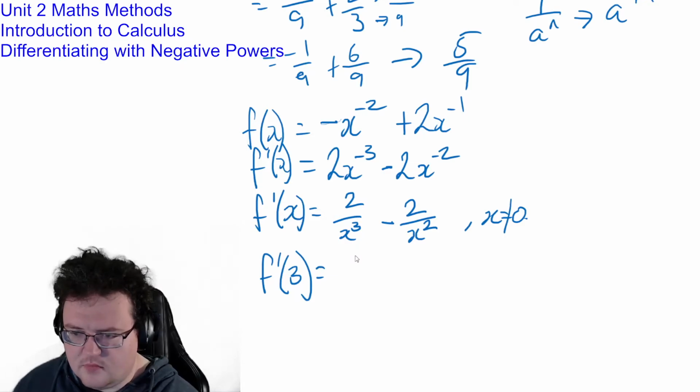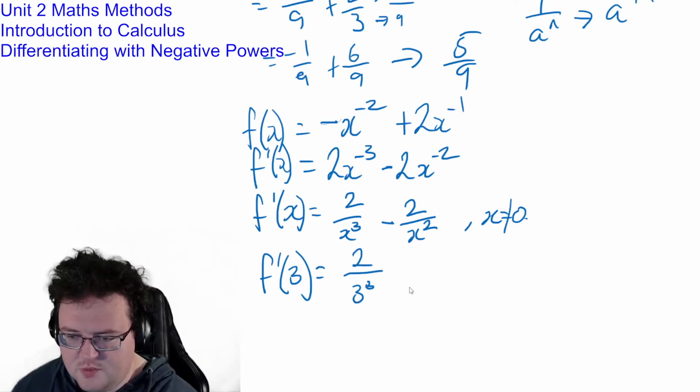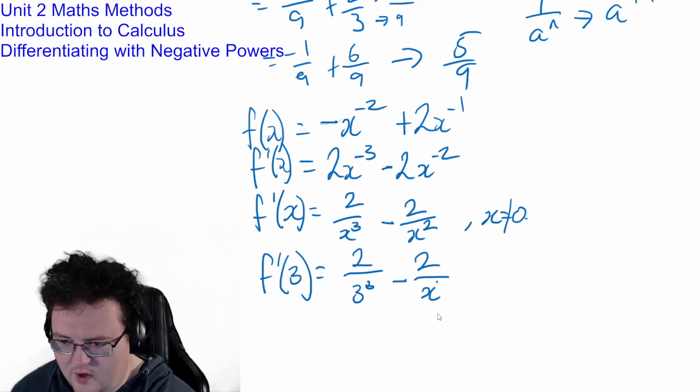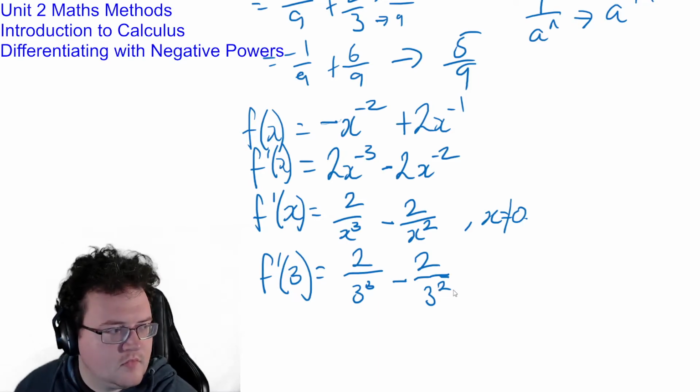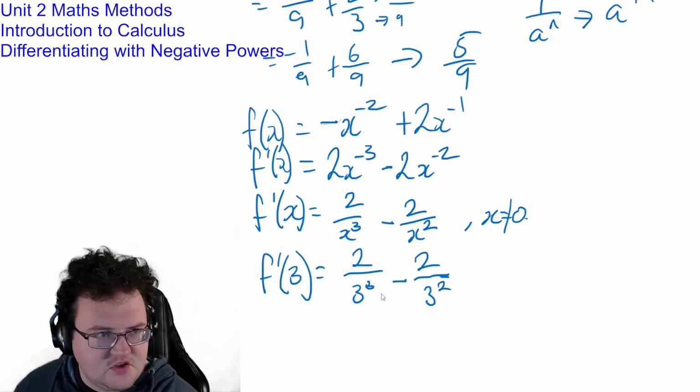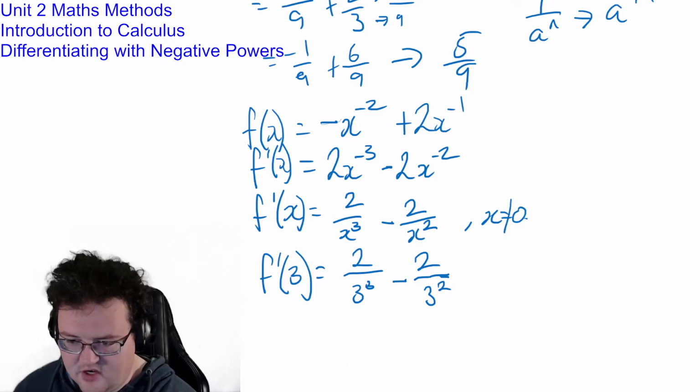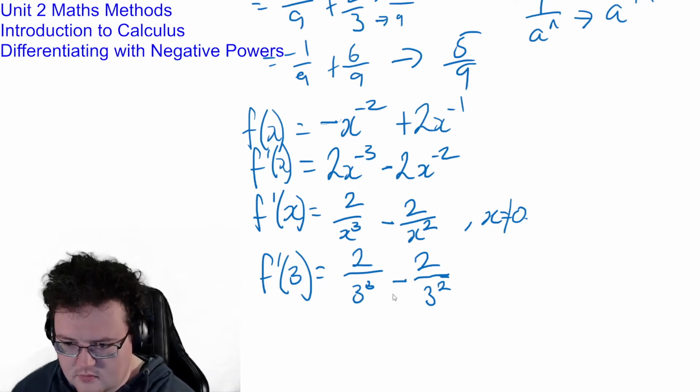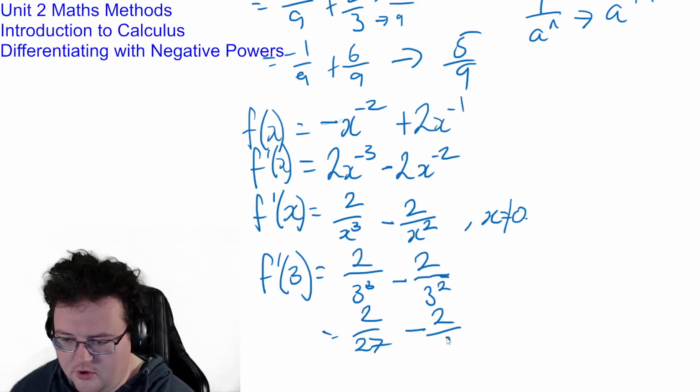So that's going to be 2 on 3 cubed minus 2 on 3 squared. 3 cubed is 3 times 3 times 3, which is 27. That's going to be 2 on 27 minus 2 on 9.